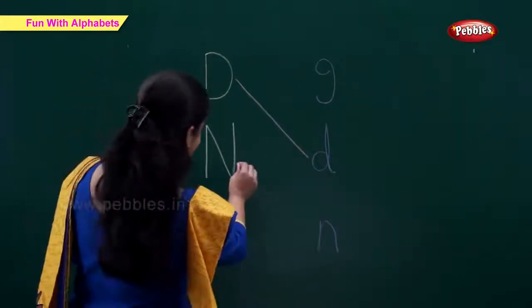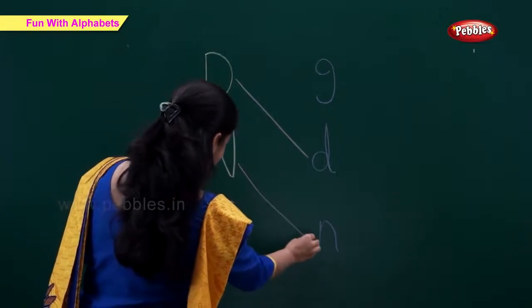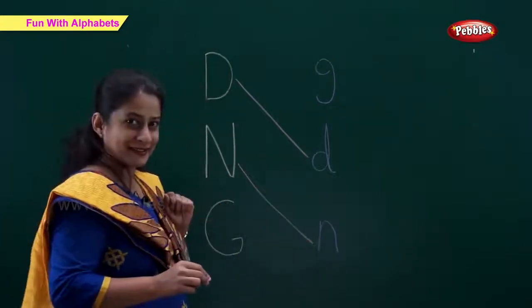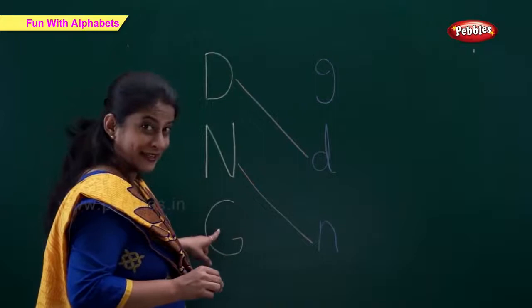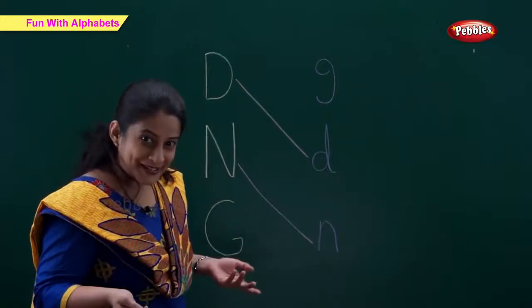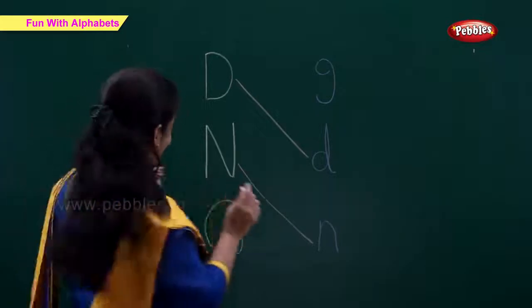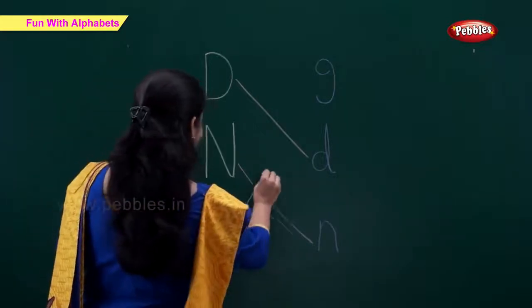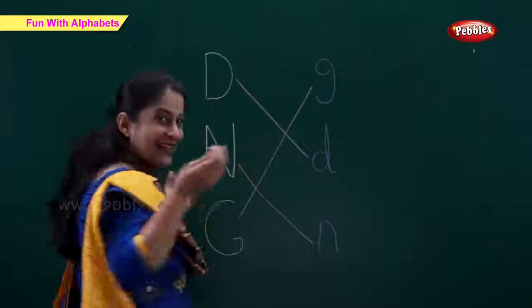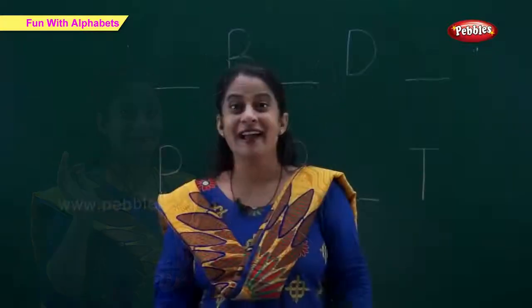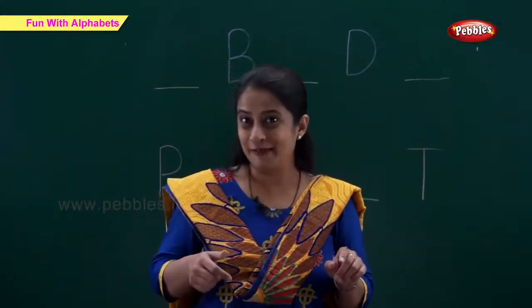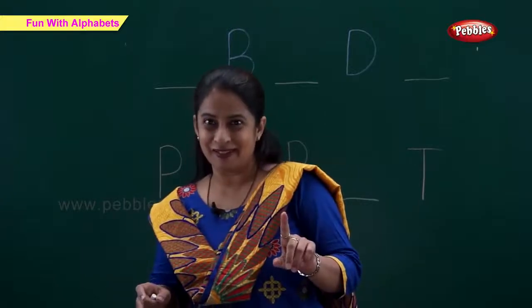Right. And what is this? Is it C? Oh, you know it's G? Very good. So where's small g? Excellent.